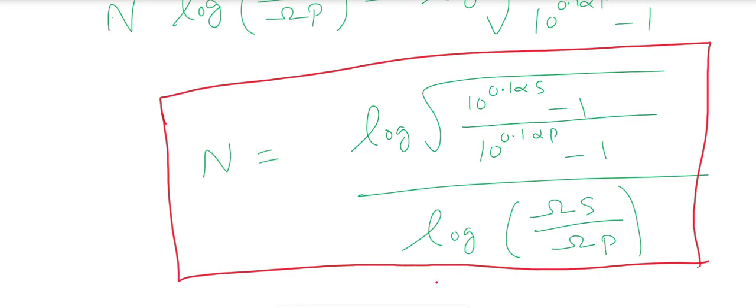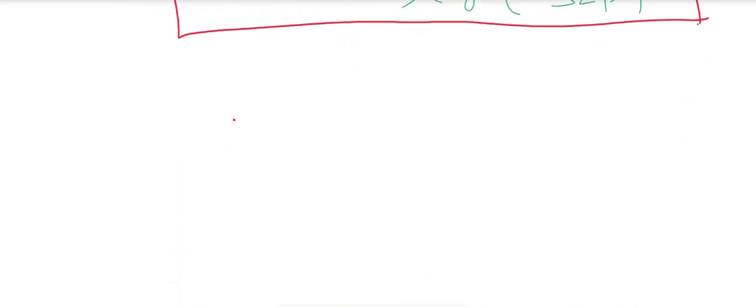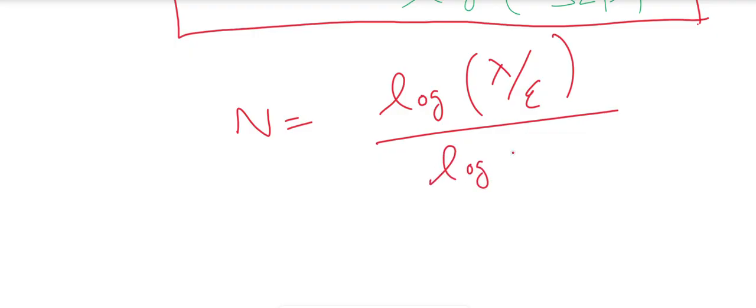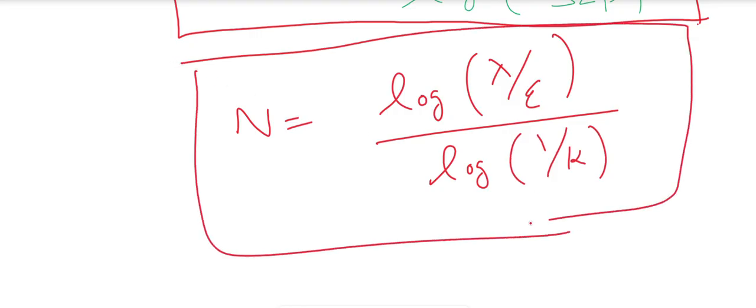So now you can simplify, you can rewrite that: n is equal to log of lambda by epsilon divided by log of 1 by k. What is lambda? What is k now?